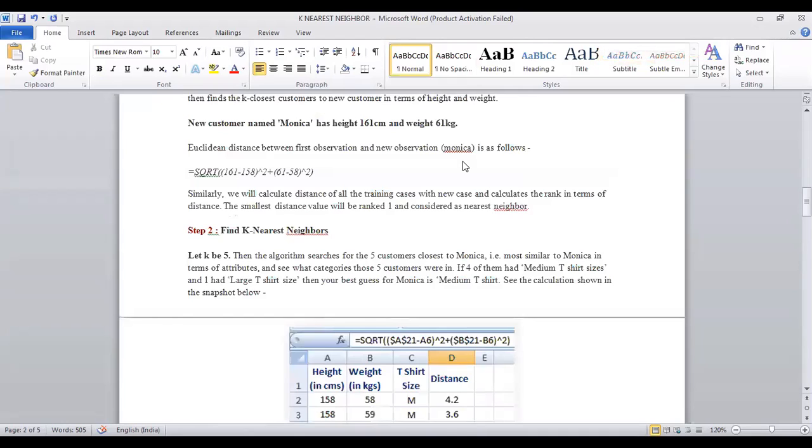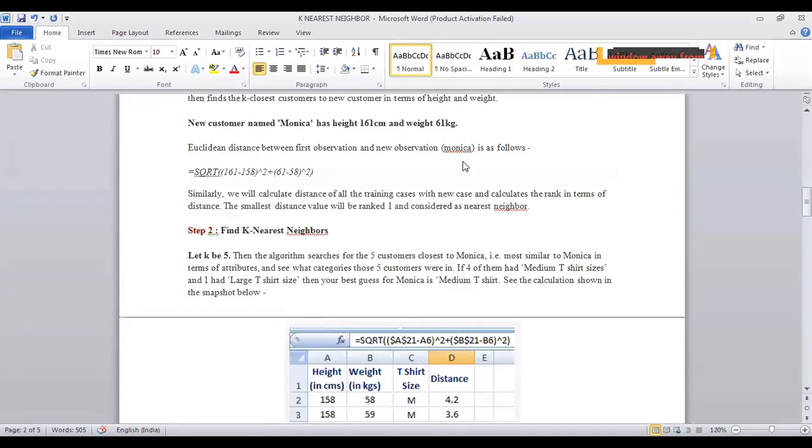We have to find the distance between this data point and all the other available data points. So the Euclidean distance between the first observation and the new observation, that is Monica, is as follows. The first observation in our table was 158 height and 58 weight, correct? So that is how it is given. And the new data point has height 161 and weight 61.